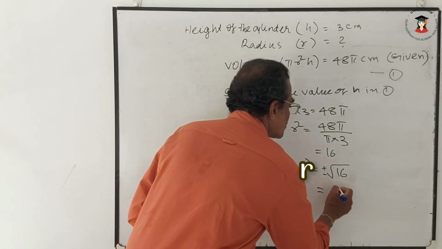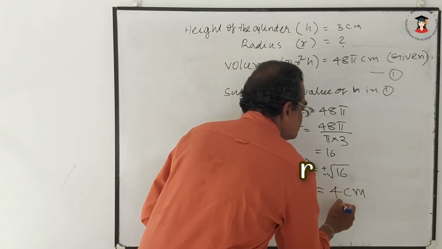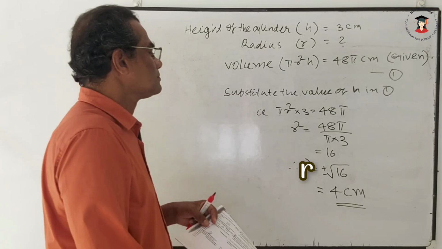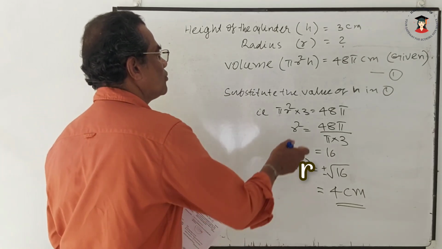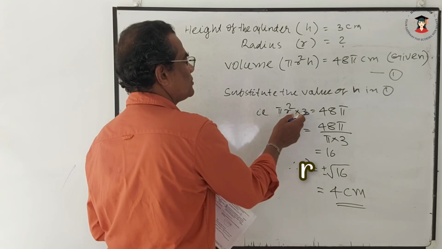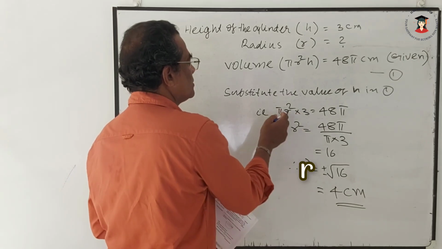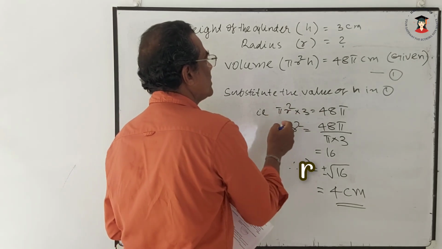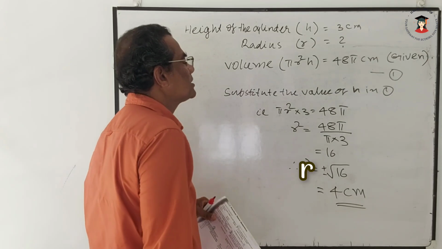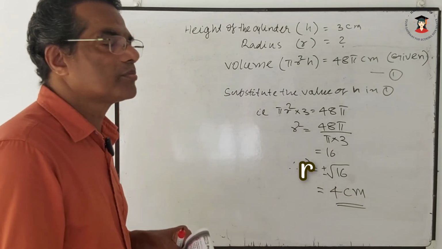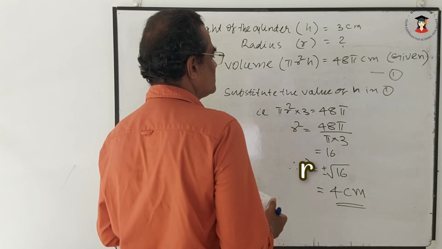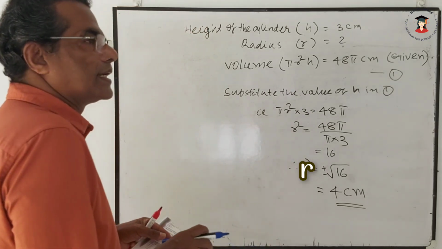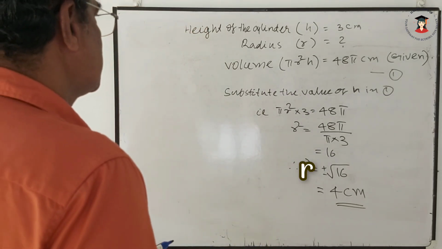So it is 4 centimeters. So volume was given, H was also given. Using the formula of volume, pi R square H, we found out the value of the base radius.